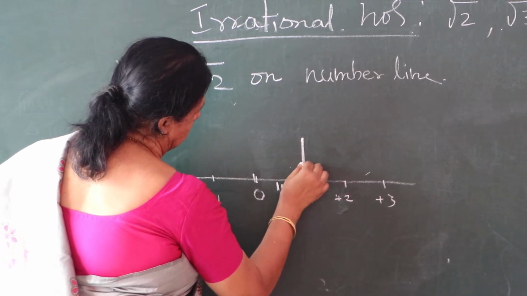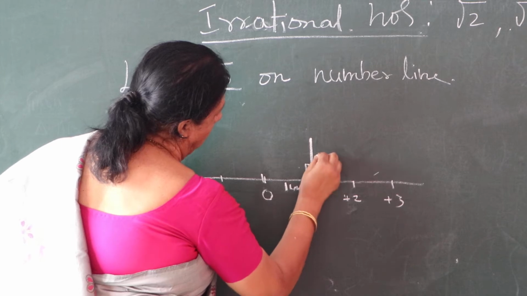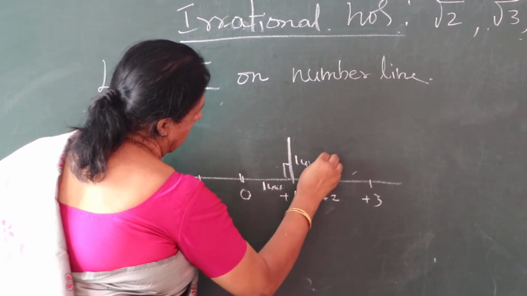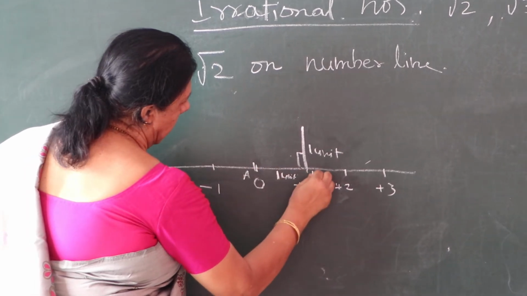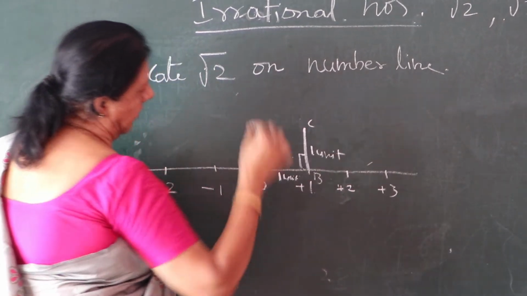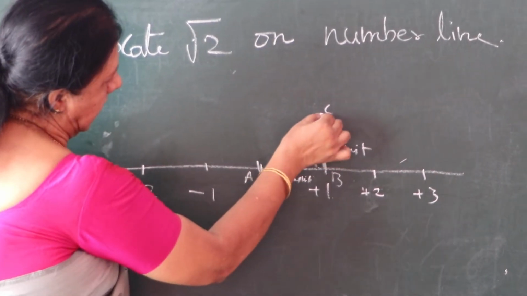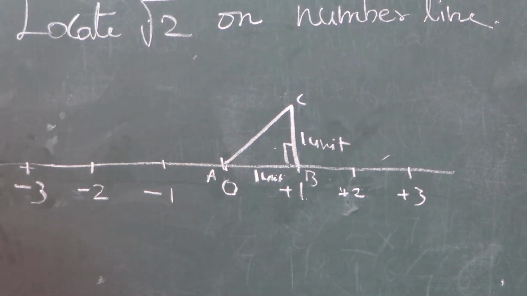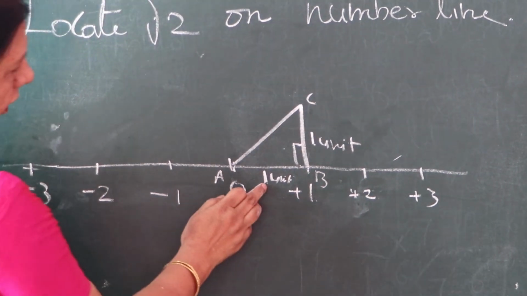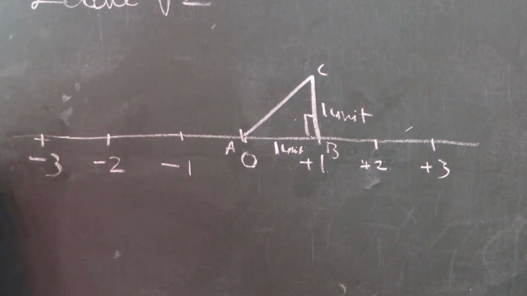This is 90 degrees. So this is 1 unit. Here A, B, C. I made a mark. Join A and C. Okay, so this is 1 unit, but this is a question mark. We don't know.